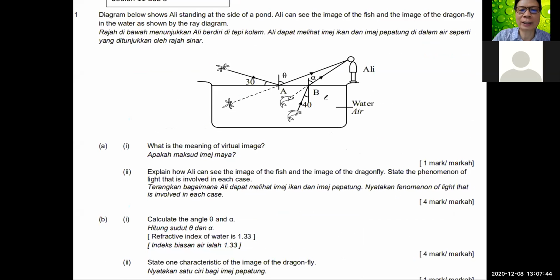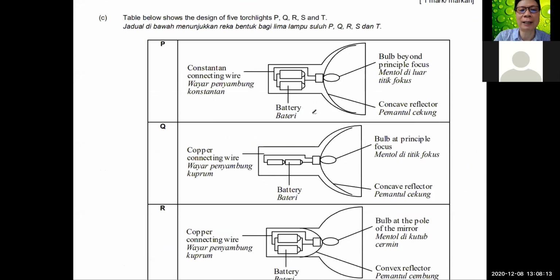There are a lot of questions asked in the SPM on light and optics. These are past year papers that came out before in the SPM. After we discuss a few questions, you can see the patterns are more or less the same. The question format has the same pattern. Now look at C.